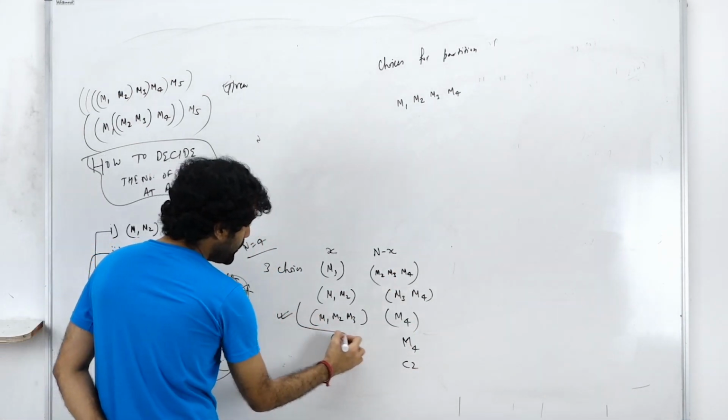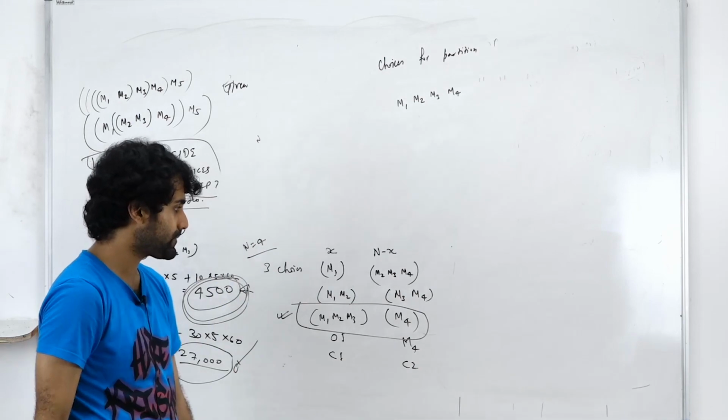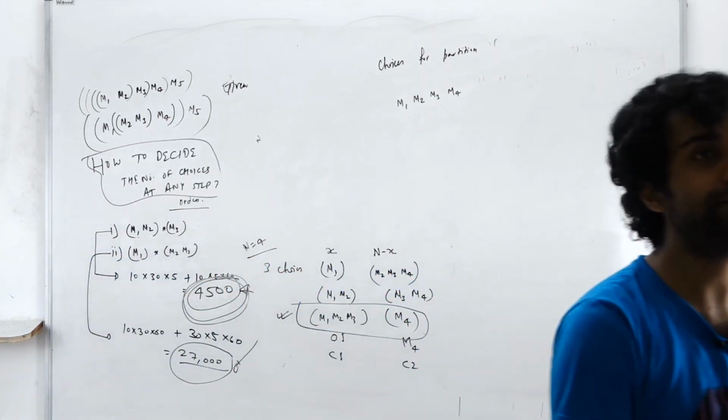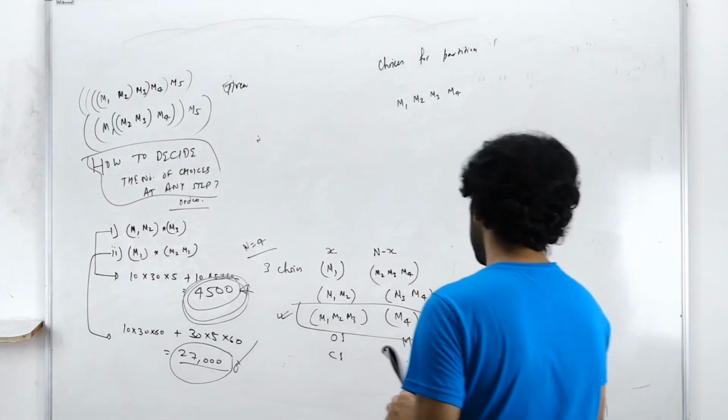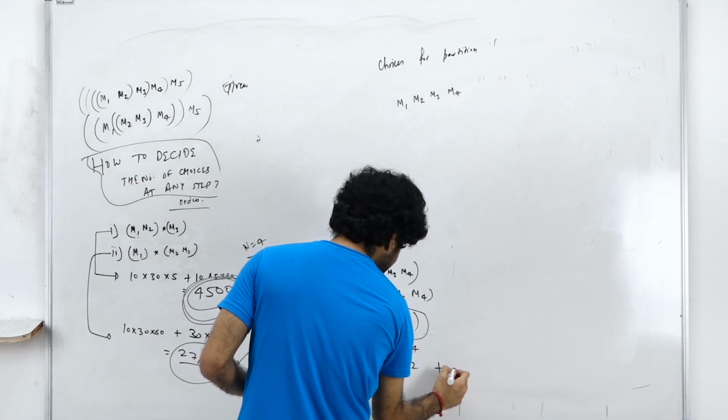Then what will be the overall cost of multiplication? Will it be C1 plus C2? One of you feels it will be C1 plus C2. It will not just be C1 plus C2. It will be C1 plus C2 plus something else.